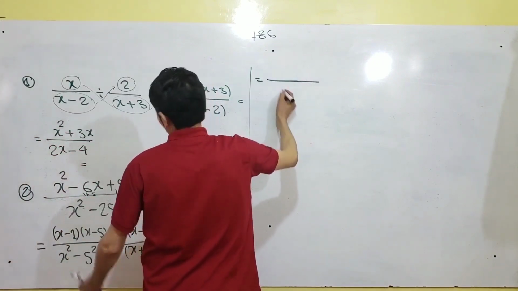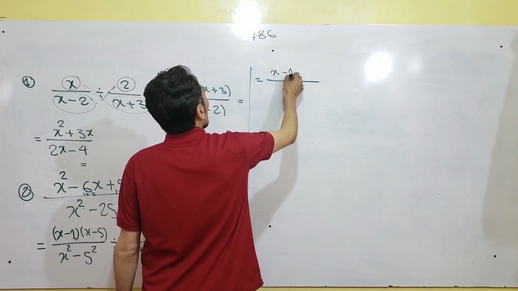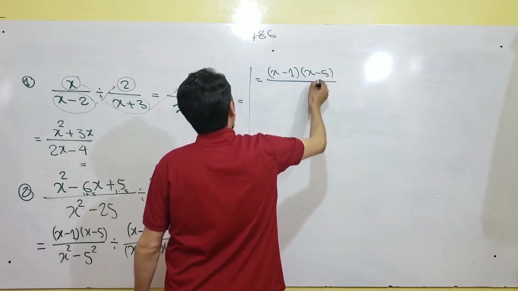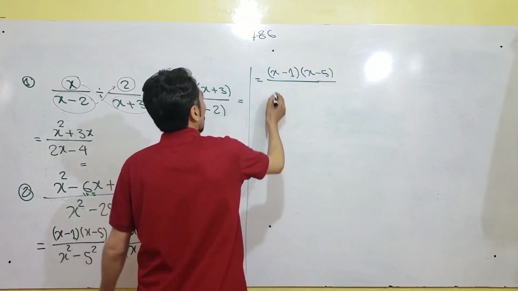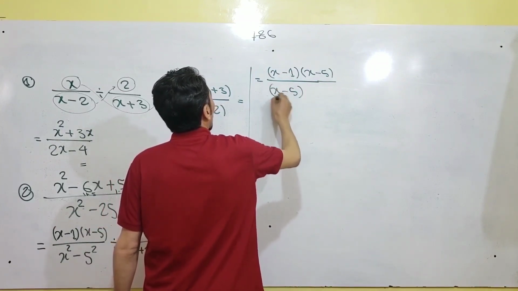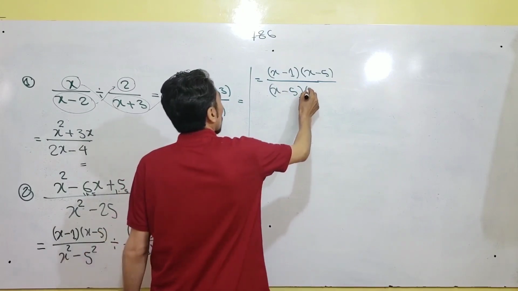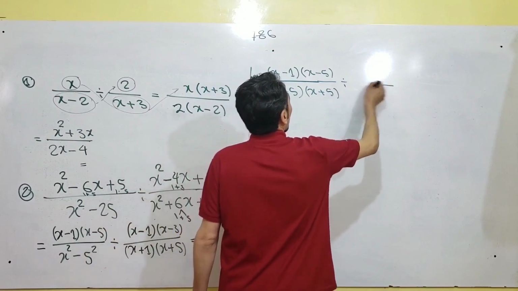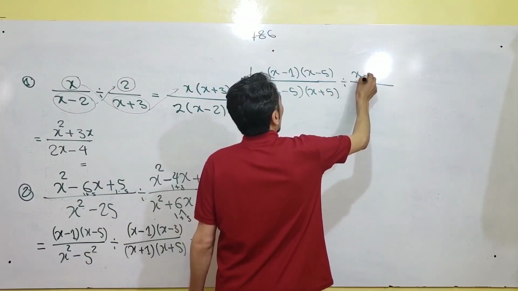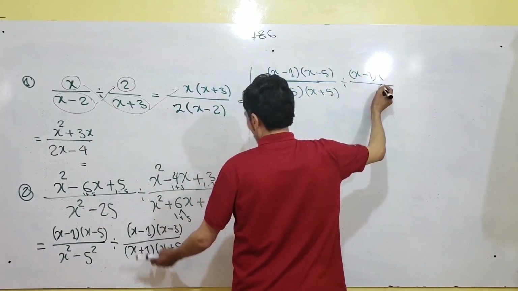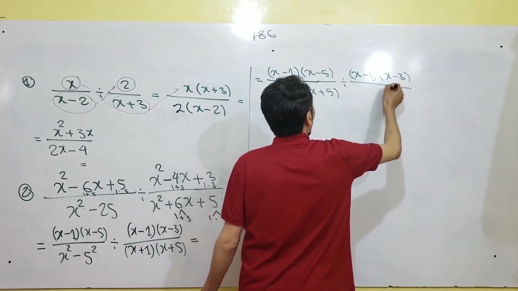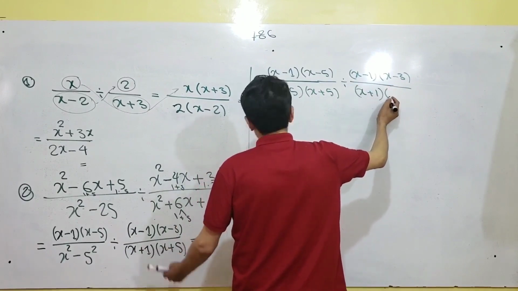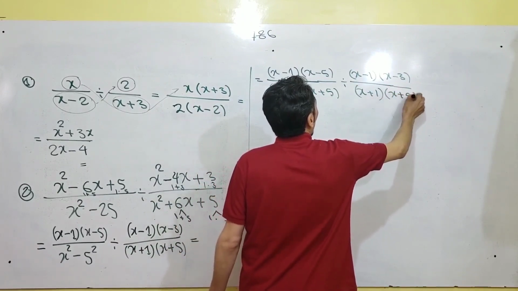Here we have x minus 1 multiplied by x minus 5 over x minus 5 multiplied by x plus 5, divided by x minus 1 multiplied by x minus 3 over x plus 3 multiplied by x plus 5.